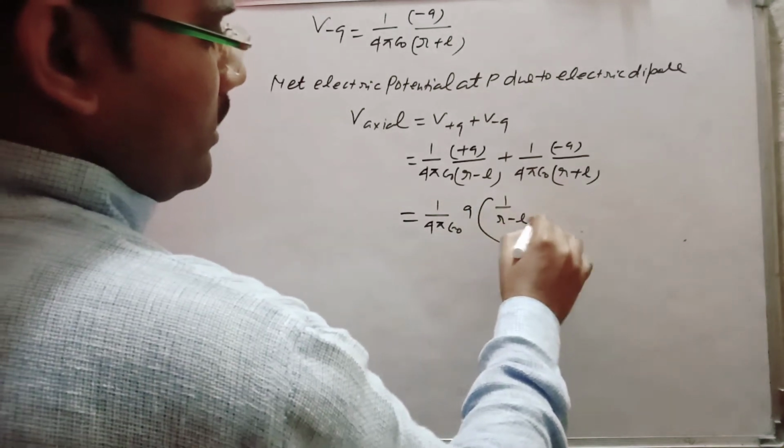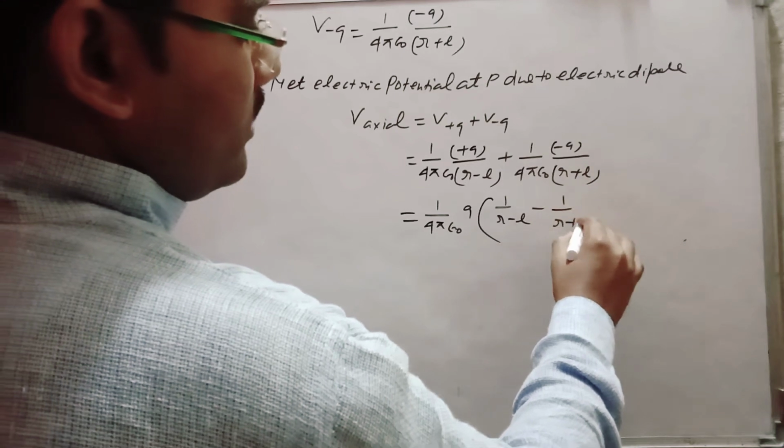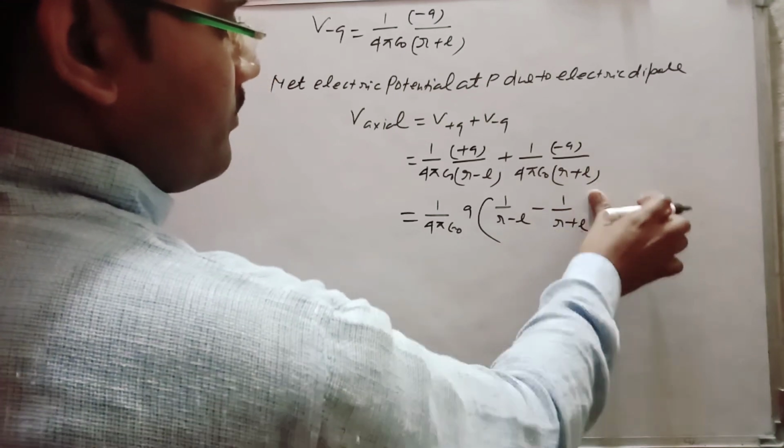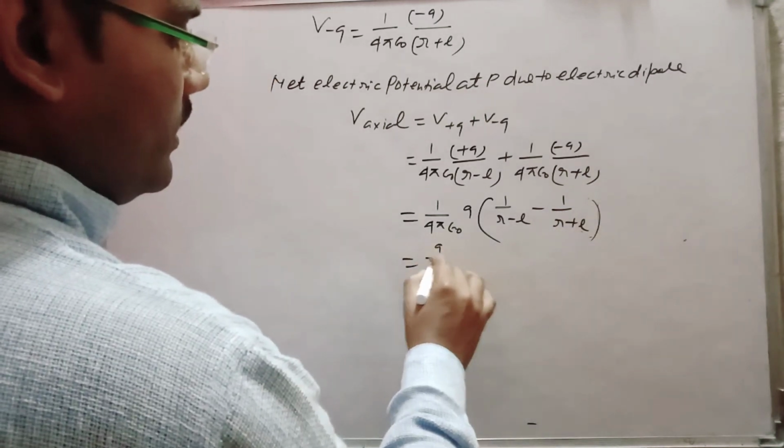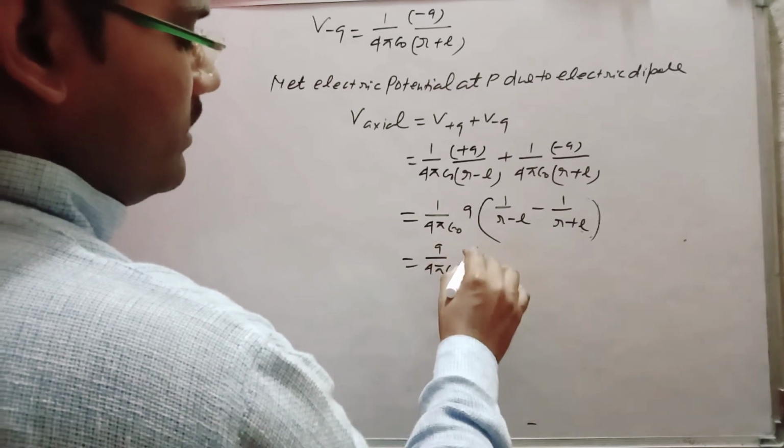Now here 1 over R minus L minus 1 over R plus L. Here Q divided by 4 pi epsilon naught.